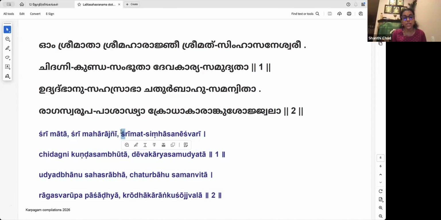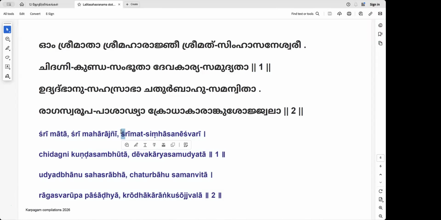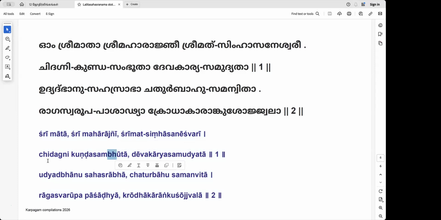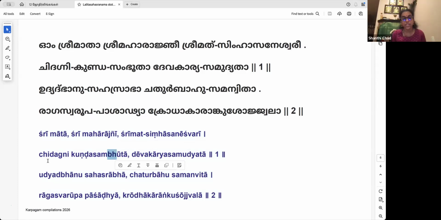Chidagnikunda Sambhuta. Yeah. The Chidagni is normal da. Bhuta, here it is Mahaprana. So it is not Chitagni, it is Chidagni. Chidagnikunda Sambhuta. Devakarya Samudyata.